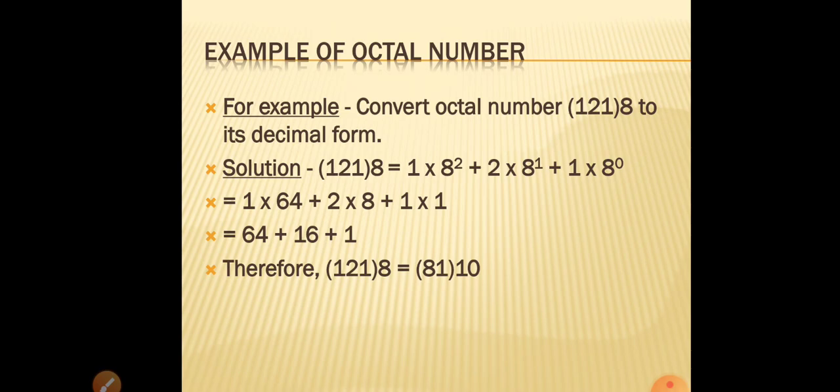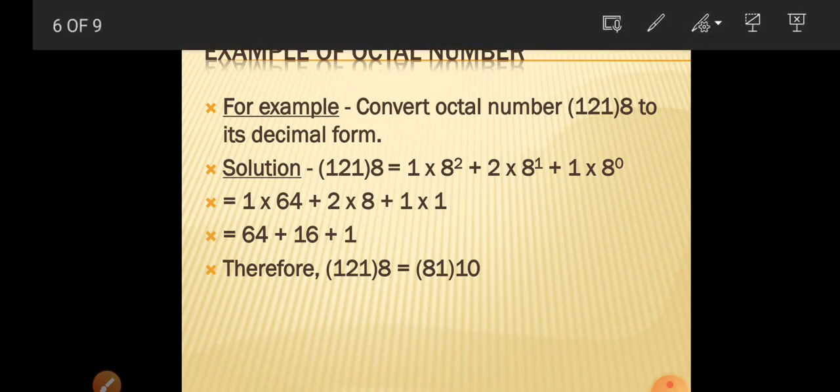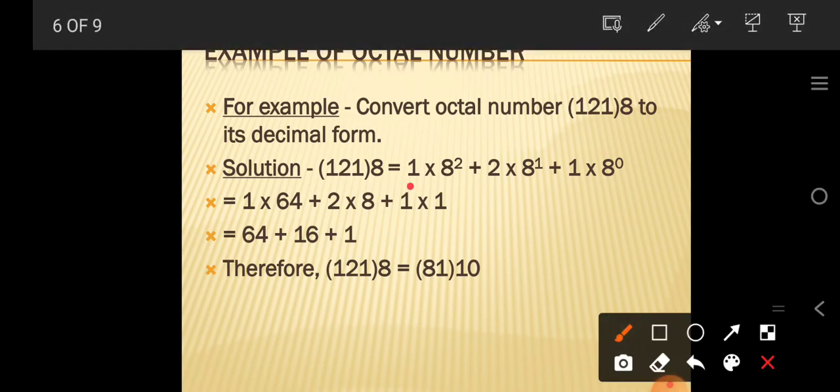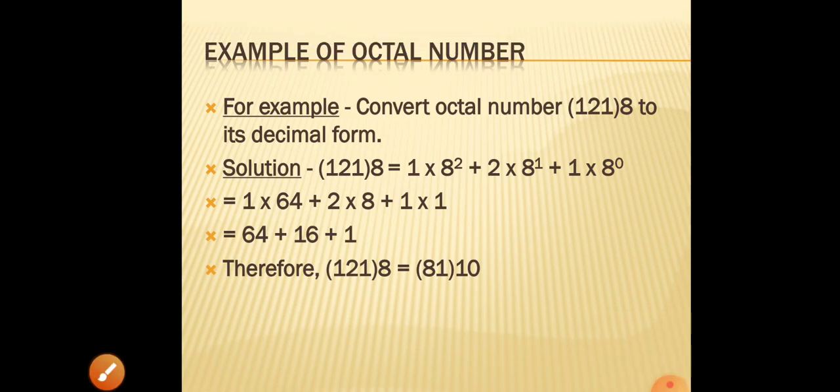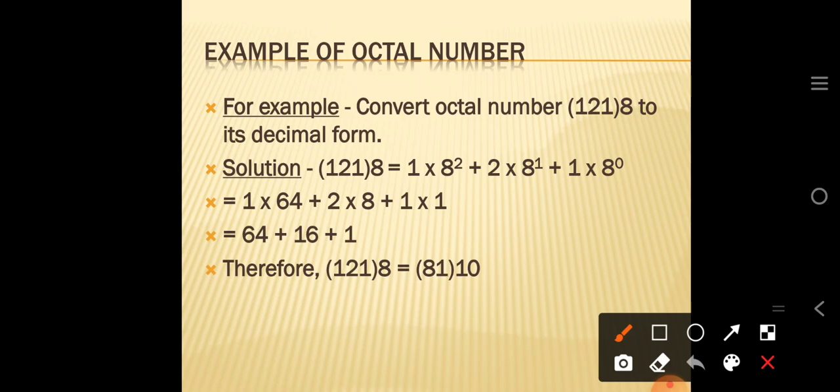How can we represent it? We first take the first digit of that octal number, 1, into 8 raised to the power 2. As this is the octal number system, we use base 8. Therefore we multiply the digit 1 by 8, and the power of 8 is 2. Why 2? Because the octal number has 3 digits, so we need the powers 2, 1 and 0.